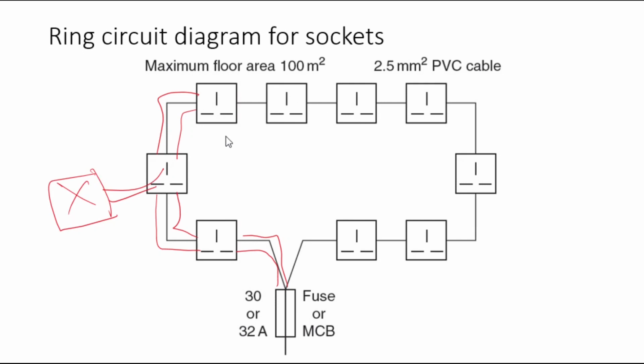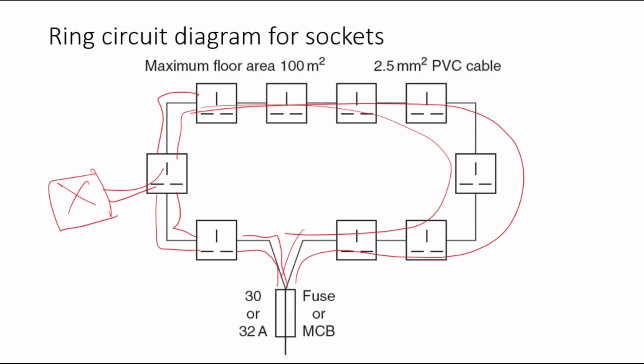But the advantage of the ring is that it closes the loop and provides a redundancy of the socket circuit itself. Apart from that, we have water heating circuits, which are connected to boilers, and we also have cooker circuits, which are connected and have high ratings.